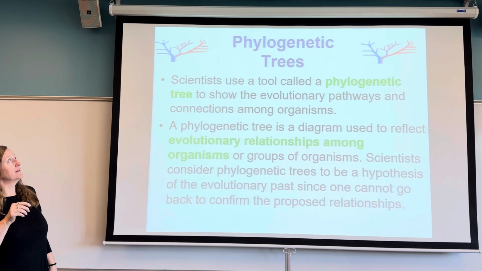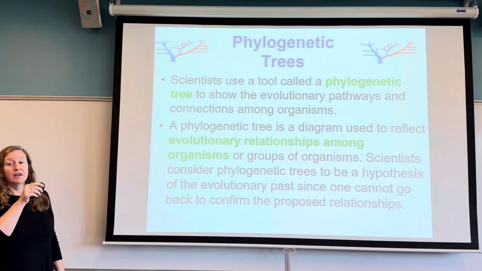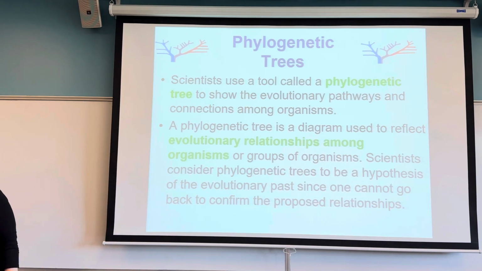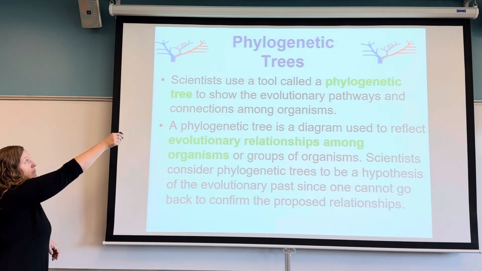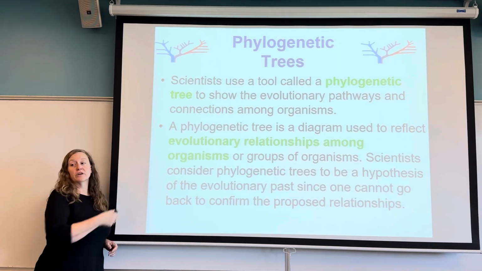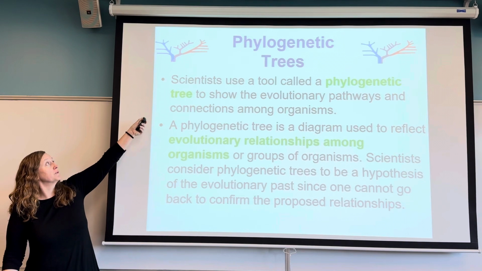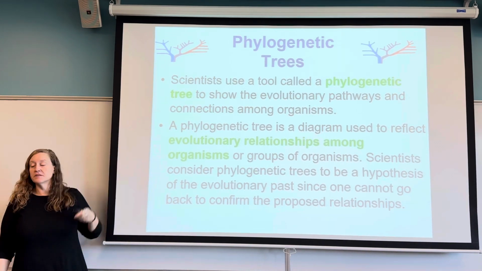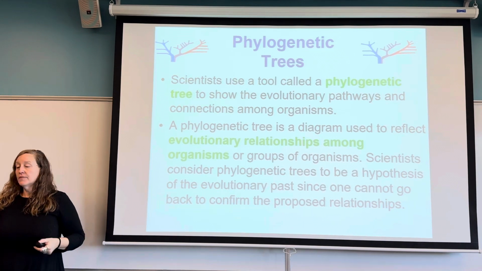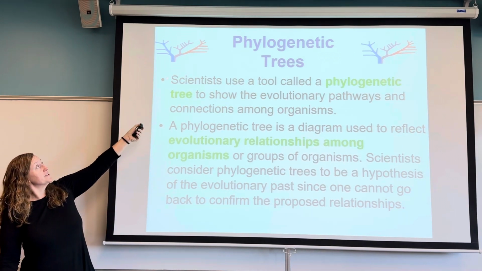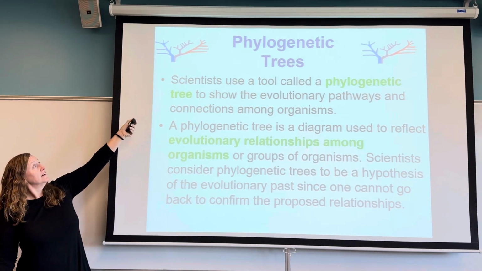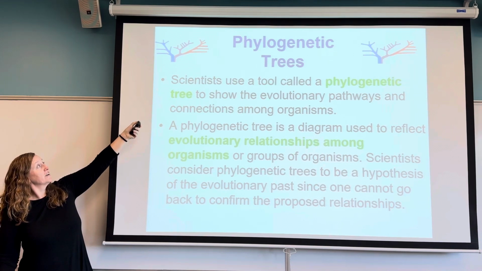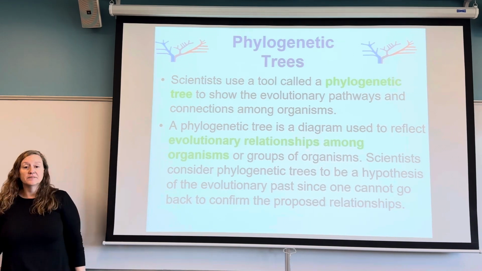What this tree means, and this tree here represents the common ancestor, and how from that common ancestor, so common ancestor would be at the base or the trunk of the tree, the very bottom of the tree would be your common ancestor, our common ancestor. And then these three branches represent the bacteria, archaea, and eukarya.